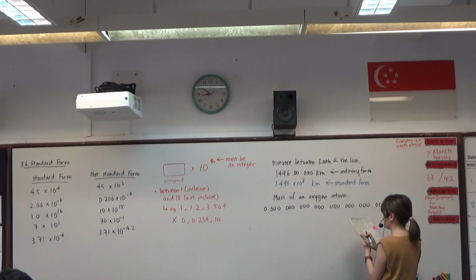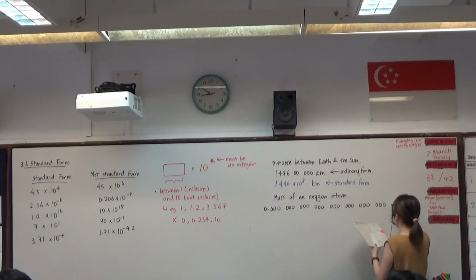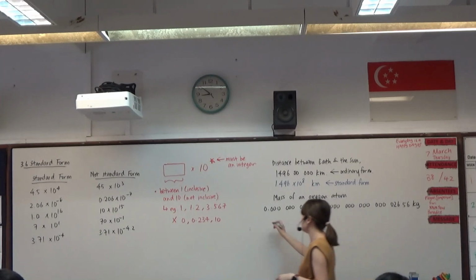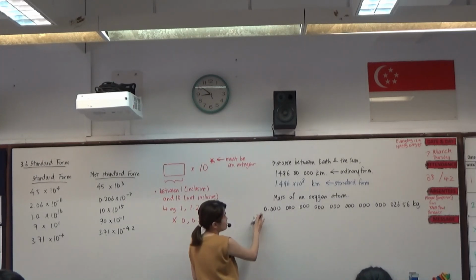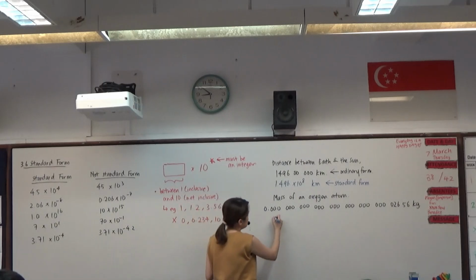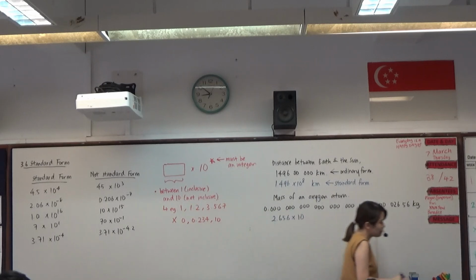Total it all: 1, 2, 3, 4, 5, 6, 7, 8, 3, 4, 5, 6, 7, 8, 0, 2, 6, 5, 6 kilograms. This is the mass of an oxygen atom in your SI unit of kilogram. This is our ordinary form, and if I want to write it in standard form, it will be much easier. It will just be 2.656 times 10 to the power of negative 26.